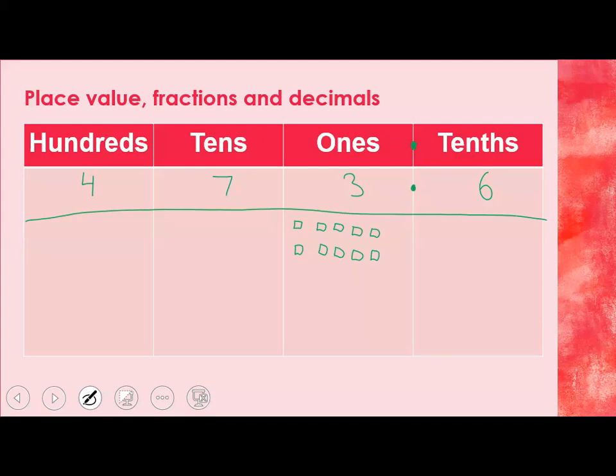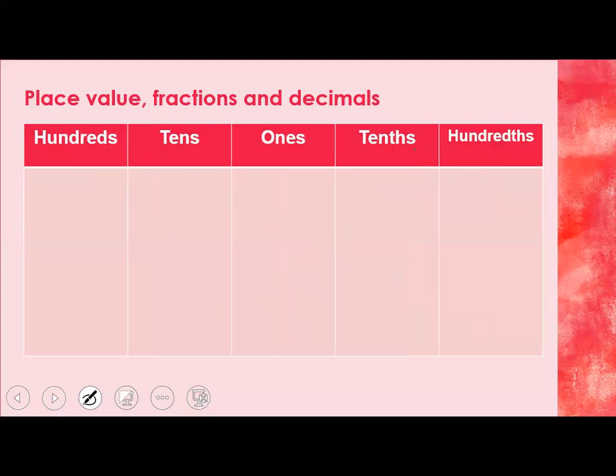For example, could I have the number 470.6? No, I can't, can I? I can only ever have 1 digit in each column. Remember, as soon as I get 10, then those 10 get grouped together and they get transferred over here. So that would then become 8. It's exactly the same system with my tenths as well, and exactly the same as you see with my hundredths.